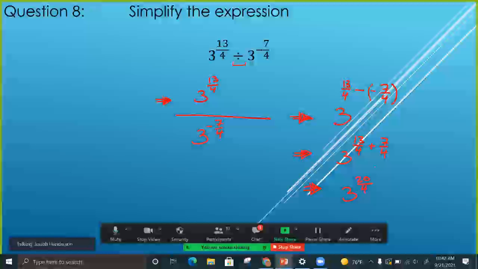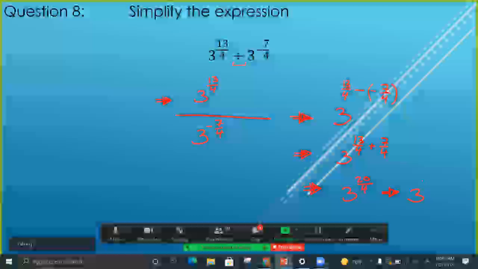Now, we could convert it now, but it's a little easier to work with it in fraction form or power form if it's reducible, right? 20/4 is reducible. 20 divided by 4 is 5. And look at that. We've eliminated the fraction altogether, so no need to do the radical. We could have done that from the beginning.